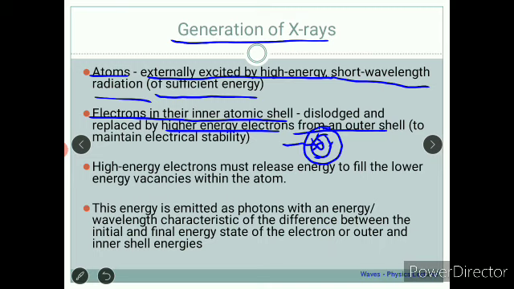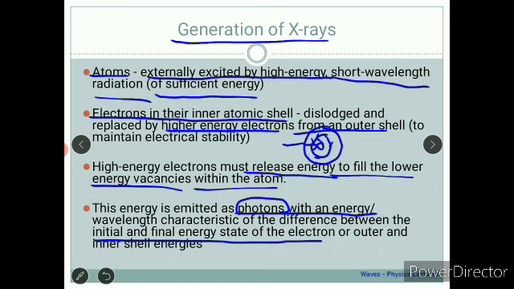This high energy electron must release energy to fill the lower energy vacancies within the atom. This energy is emitted as a photon. X-ray is also an electromagnetic wave, so it is emitted as photons, and the wavelength characteristic is determined by the difference between the initial and final energy states of the electron, or the outer and inner shell electrons.